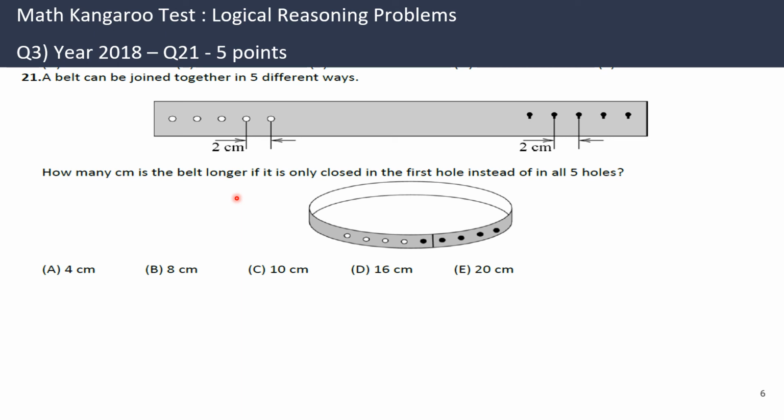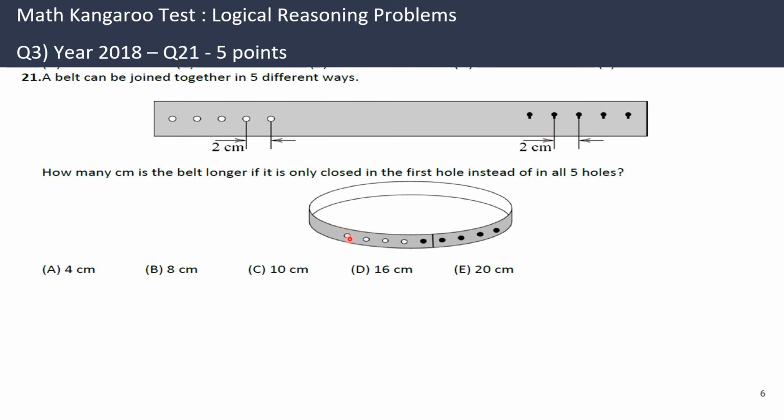It's not asking us to find out how long the belt is, because that's something we cannot find out from the available information. But we can definitely find out how many centimeters longer the belt went because of the way it was secured. It also tells us the distance between these 2 holes, and these 2 buttons are the same, it's 2 centimeters.